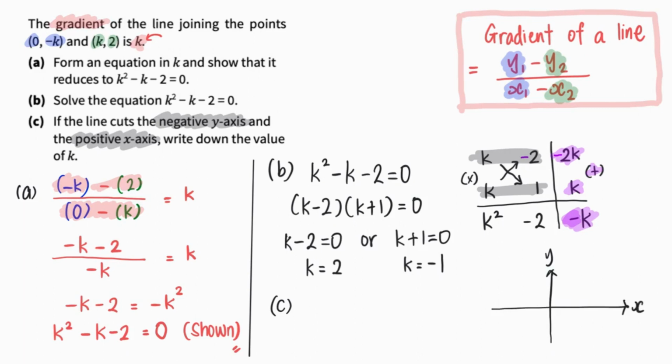And if the line has to cut the negative y-axis portion, which is here, going to color code it. I'm going to use purple color. For the negative y-axis, it has to cut somewhere here. It also has to cut the positive x-axis portion, which is here.